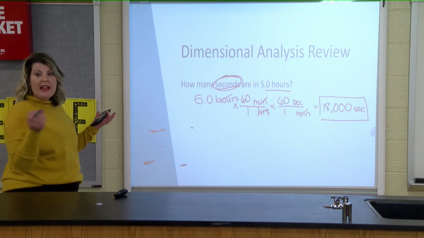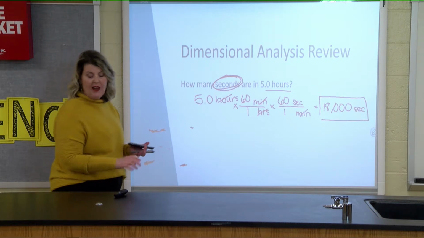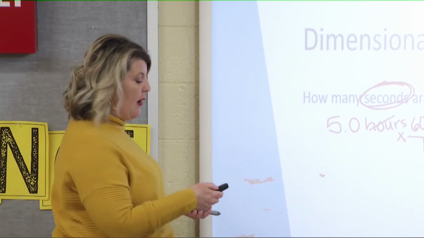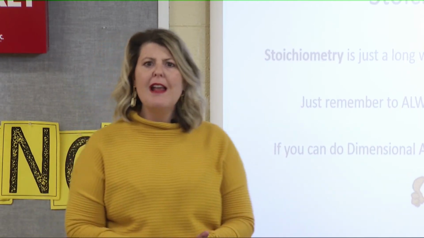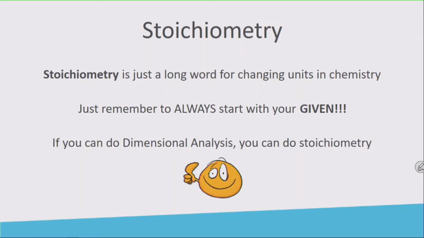Now here's the deal. If you can do what we just did, you're going to be able to work every problem today. We won't get any harder than 2 sets of conversions out. So let's talk about how this relates to the mole. What is stoichiometry? Stoichiometry is nothing but converting from one unit in chemistry to another unit in chemistry. You do exactly what we just did here.